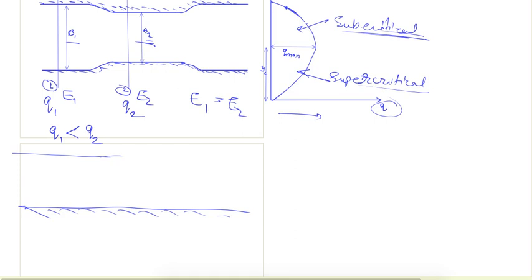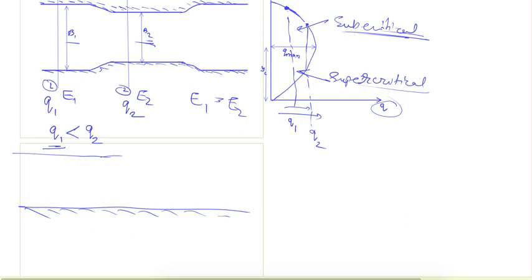So what is happening? This unit discharge is increasing as we are going from section 1 to section 2. So if the unit discharge here is Q1, and if I'm increasing this unit discharge to Q2, here is Q2.